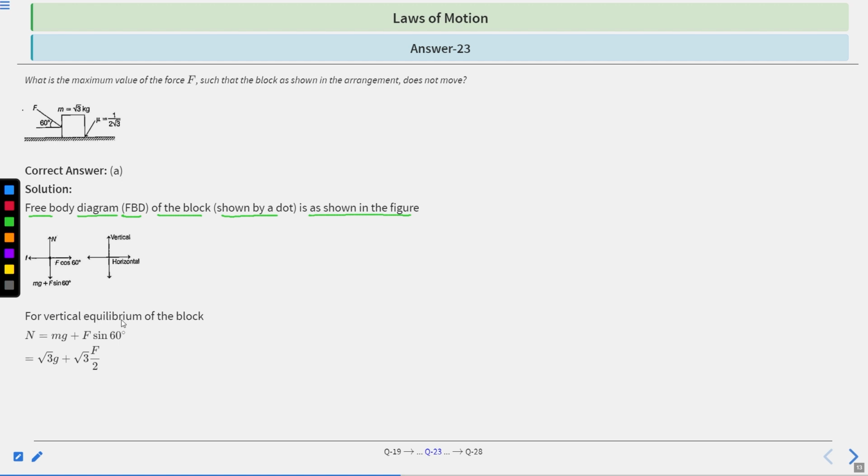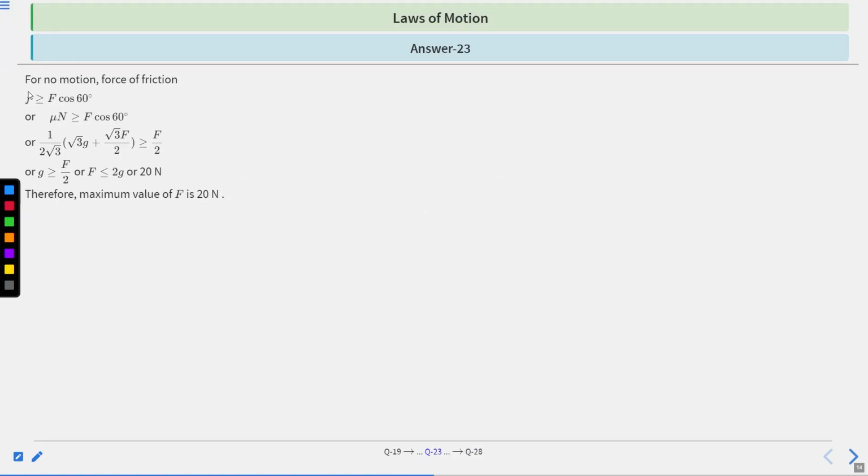For vertical equilibrium of the block, N equals mg plus F sin 60 degree. Putting in the terms, this is equal to root 3 g plus 3 root 3 F by 2.